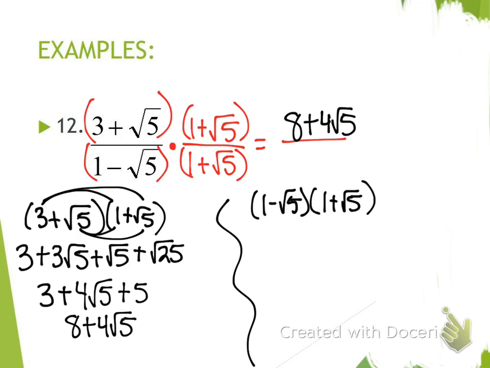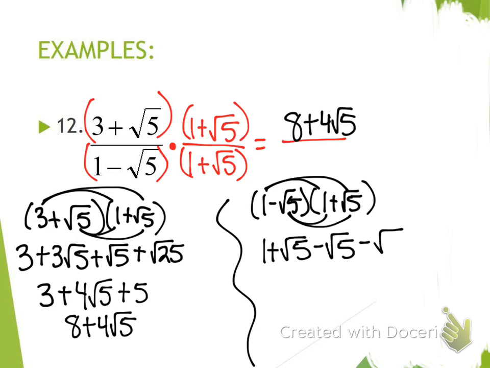Now we're going to repeat the process to get our denominator. 1 times 1. 1 times root 5. Negative root 5 times 1. Negative root 5 times root 5. Negative root 25.